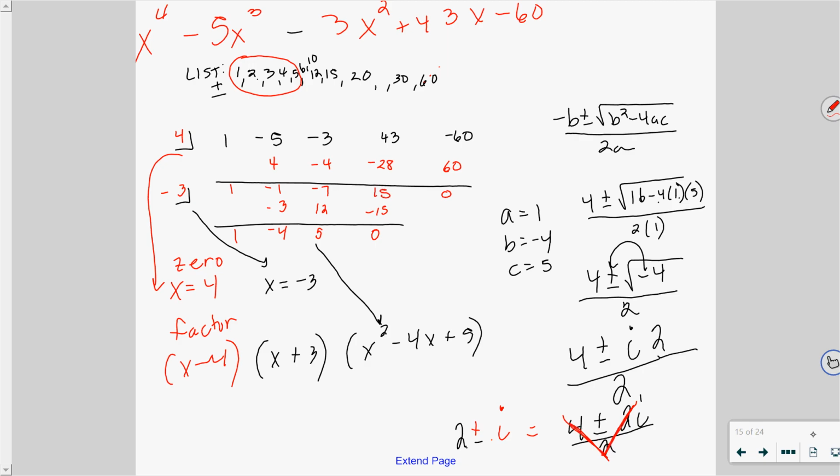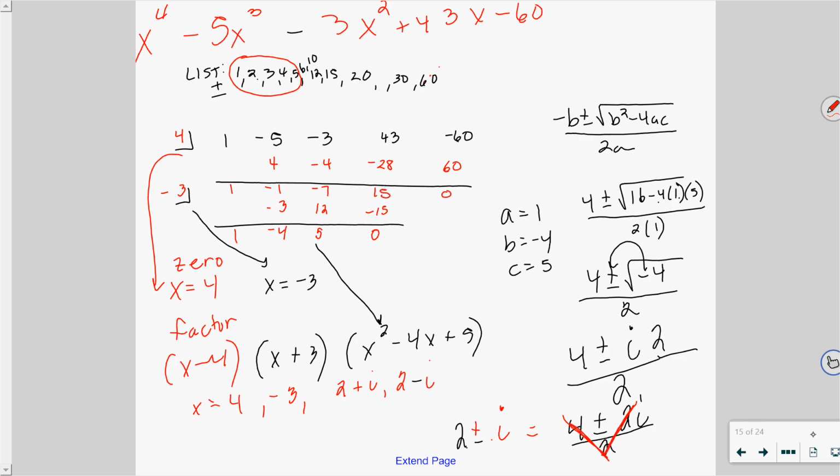All right, so let me show you what that means. I've got my 0 of 4. I've got my 0 of -3. Now I've got 2 more zeros, 2 plus i and 2 minus i.